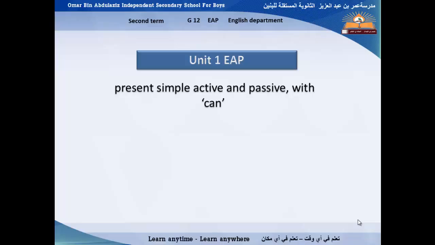The word can in English is for expressing the ability. We can use the passive also with can to express the ability. Let's take an example.